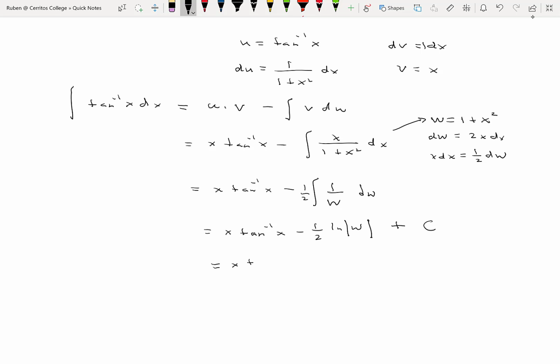You can't forget those absolute values when you find the antiderivative of 1 over x, or 1 over w in this case. So this is 1/2. Now look at how those absolute values go away. Do you remember why I can do that? Well, w equals 1 plus x squared, and 1 plus x squared is always positive. There's no need for the absolute values, and that's our integral.